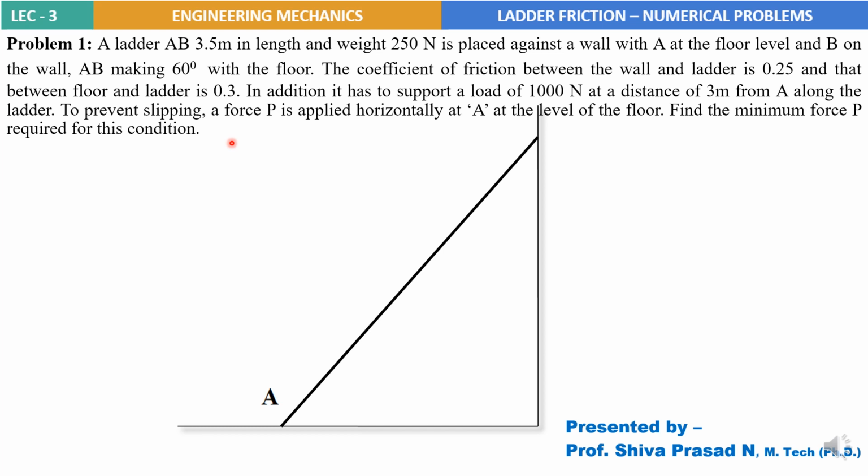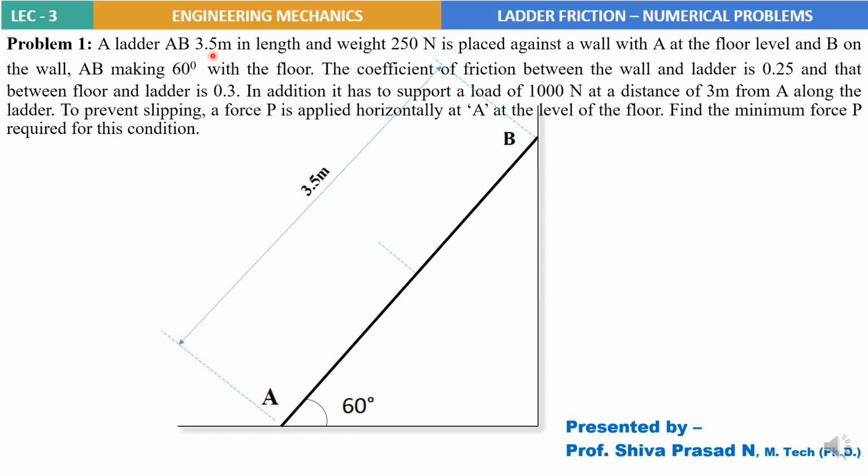The end of the ladder A is at the floor level and the other end B is resting on the wall. The length of the ladder is given to be 3.5 meters and the ladder is inclined at 60 degrees with the floor.